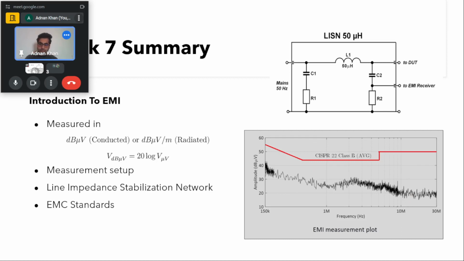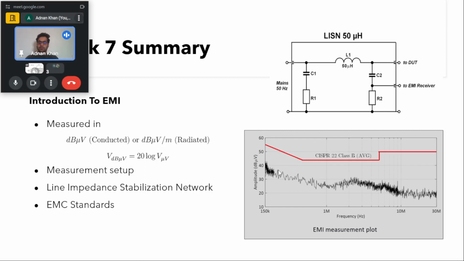If these waveforms are above the set limit, then the device has not passed the test, and this device, or a particular part of the device, cannot be put into production. We then have to see the different means by which we can limit this EMI in that part of the converter, so that our EMI requirements are under the limit.